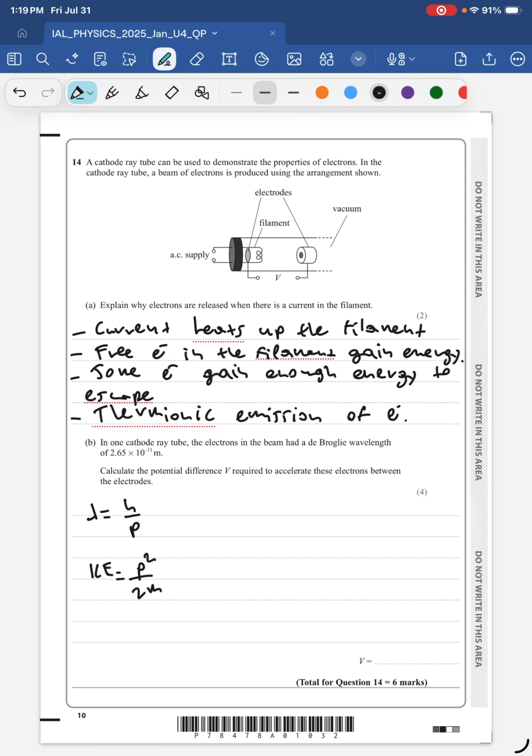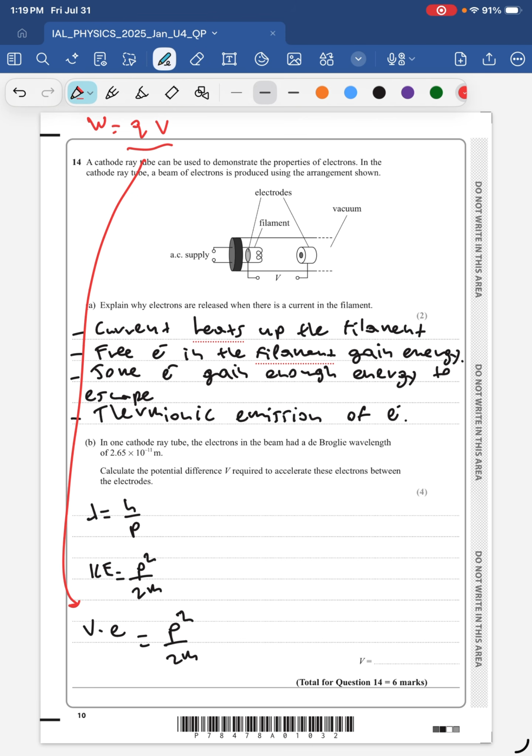What provided that kinetic energy? The electric potential. So V times e, okay, is p squared over 2m, because the energy of a particle inside an electric potential is Q times V, right? So this is what I'm using here, where we replace Q with e, and V is the potential.